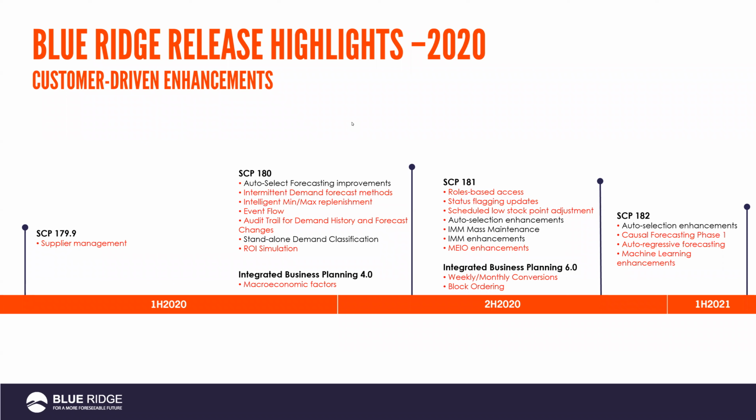And this is just highlighting the items in 179, 180, and these future looking proposed releases that are being driven specifically by customer requests. And we continue to focus on priorities driven by the customer.